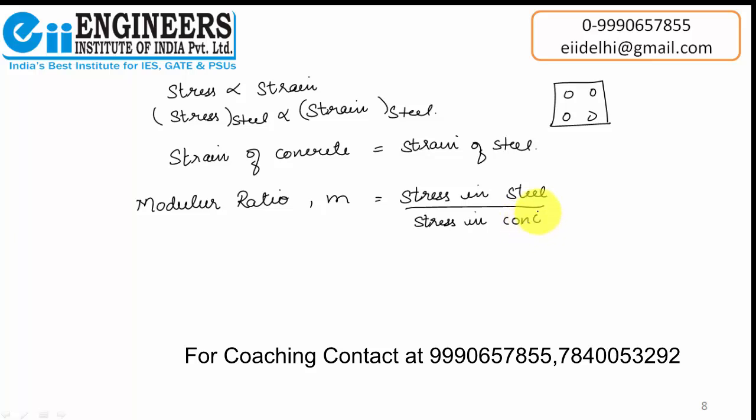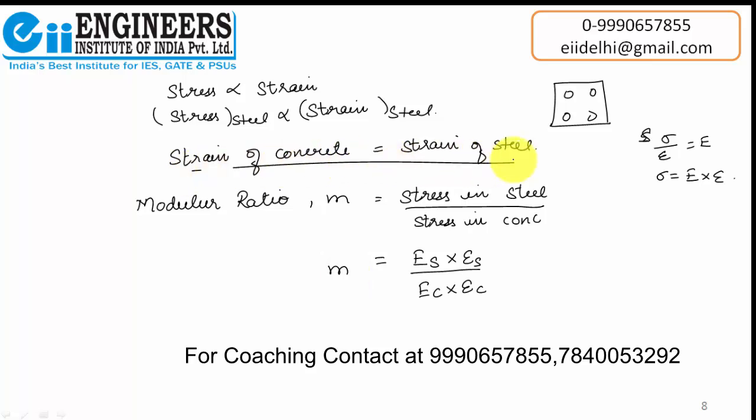And we all know that stress by strain is equal to Young's modulus. So stress is equal to Young's modulus into strain. So we can directly say that ES into epsilon S upon EC into epsilon C is equal to M. But strain in concrete is equal to strain in steel, so you can cancel these two out.